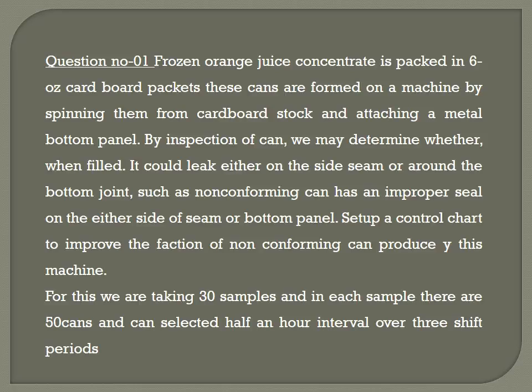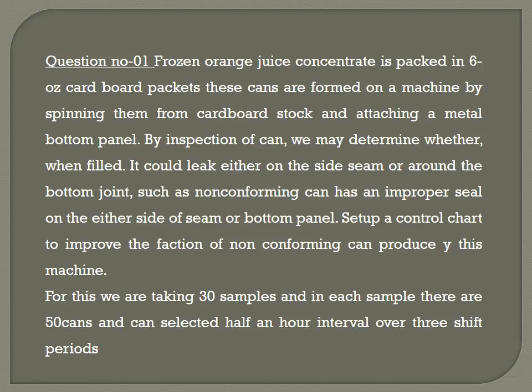By inspection of the can, we may determine whether, when filled, it could leak either on the side of a seam or around the bottom joint. So there are only two possibilities, because the can is made of cardboard.